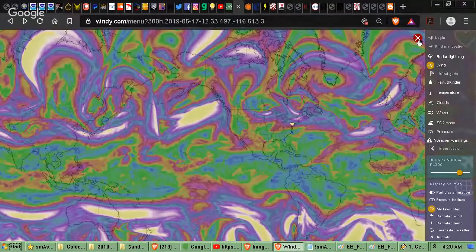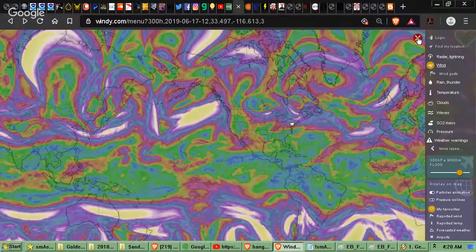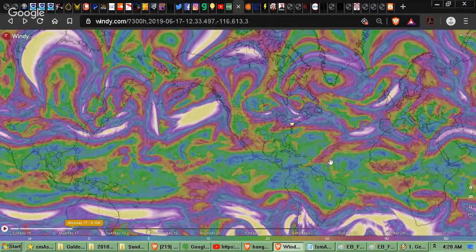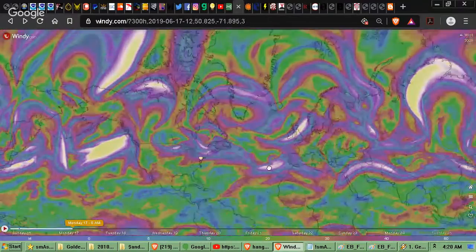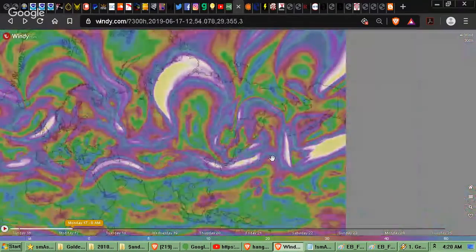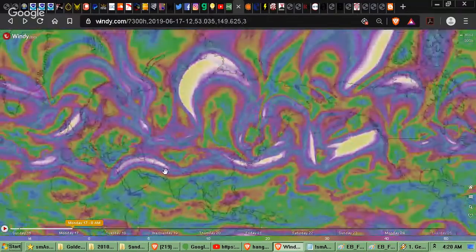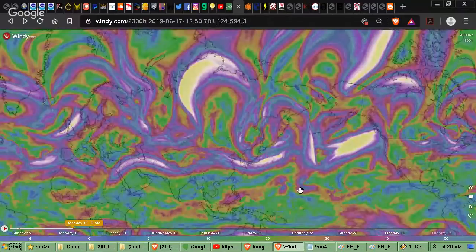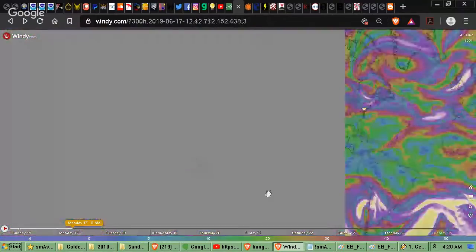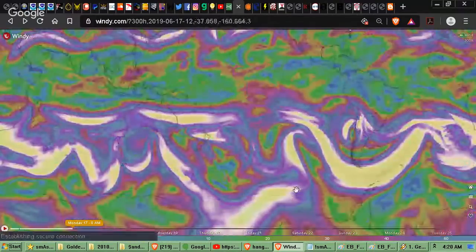Let's look at the wind maps at windy.com. This is the 9,000 meter winds, flight level 30,000. I just wanted to show you what the northern hemisphere jet stream looks like. Check out the Northern Hemisphere jet stream. That is hardly a jet stream. That isn't meridional flow. That's convective patterns. That is not a reliable wind stream, folks.